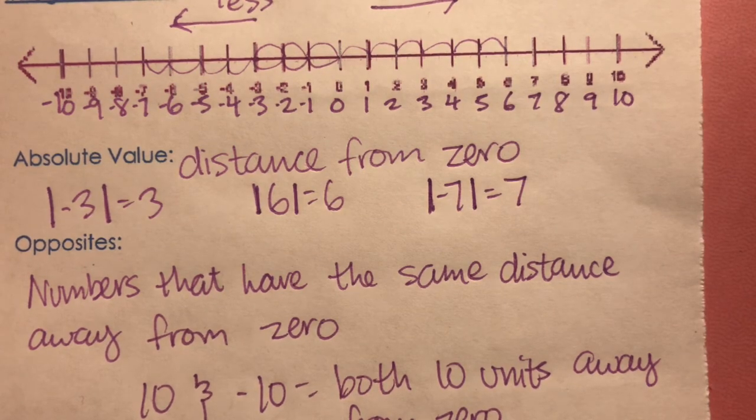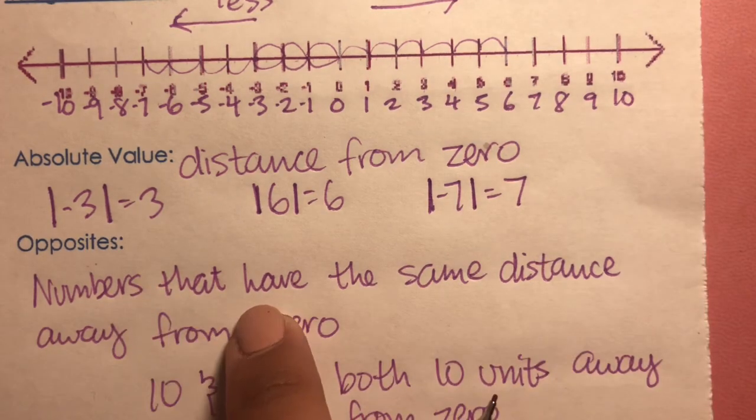If it's a positive number, what's the negative version of that number? Because the negative version of the positive integer is going to have the same distance as the positive integer. So if you have -1, it's 1 unit away from 0. If you have +1, it is 1 unit away from 0. So that's what it means to have opposites.